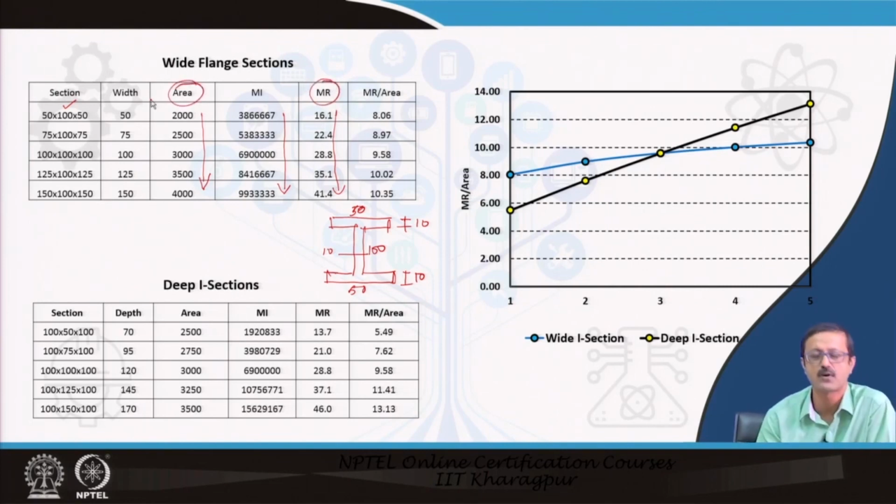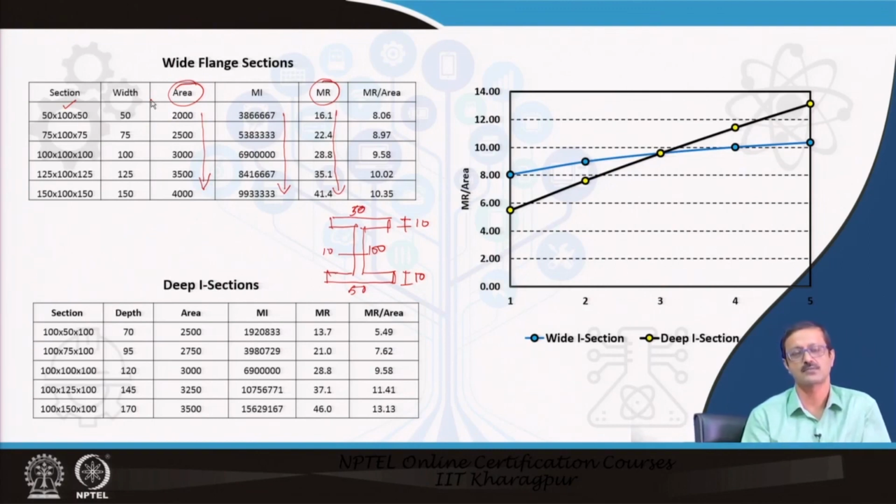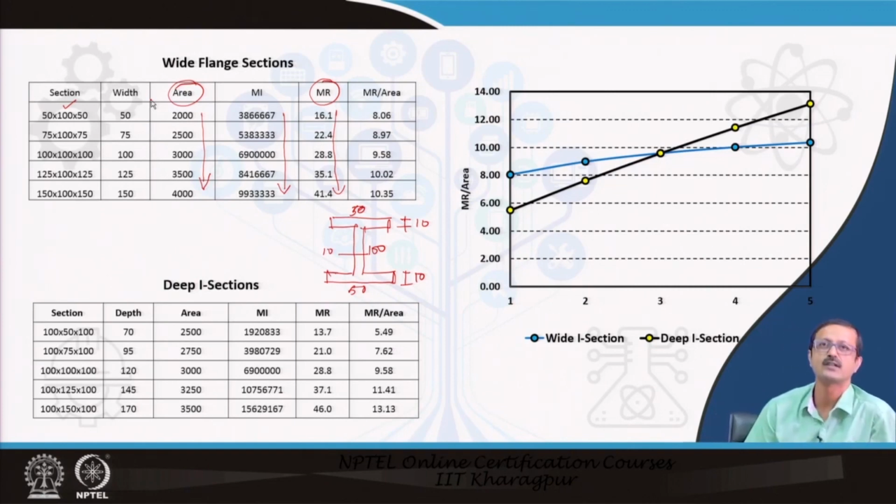This figure is a very important, very interesting figure to watch out for, because I actually have to pay for my structural system because of its weight. Its cross-section area and the length, the total volume, gives you the weight. So the area of a section is very important for me from the cost point of view, and MR, the moment of resistance, is very important for me from the strength point of view.